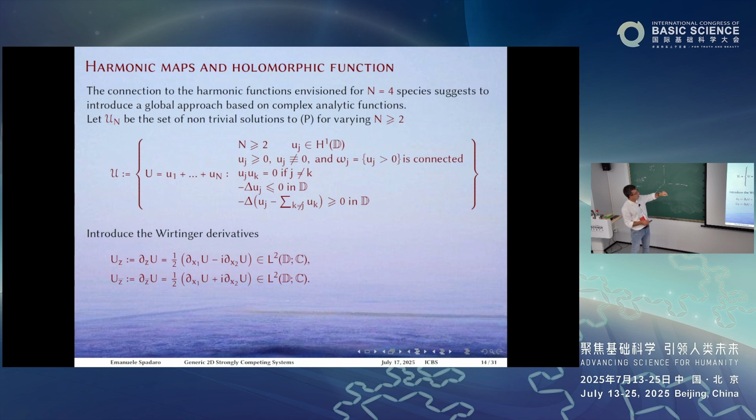So it's like the union of these having n species. We take all functions u which can be expressed as the sum of n functions, where n is a natural number bigger or equal than 2, satisfying the Euler-Lagrange equation I explained to you: subharmonic, and the difference should be harmonic.